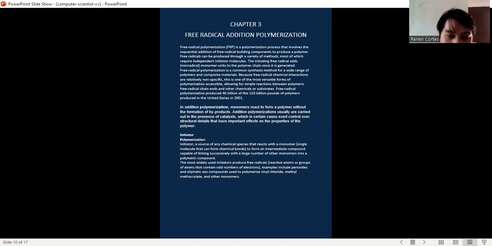In addition polymerization, monomers react to form a polymer without the formation of byproducts. Addition polymerization usually is carried out in the presence of catalysts, which in certain cases extend control over structural details that have important effects on the properties of the polymer.